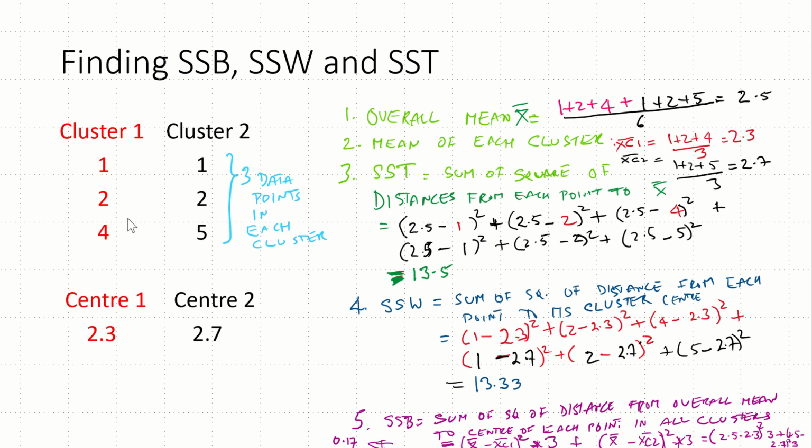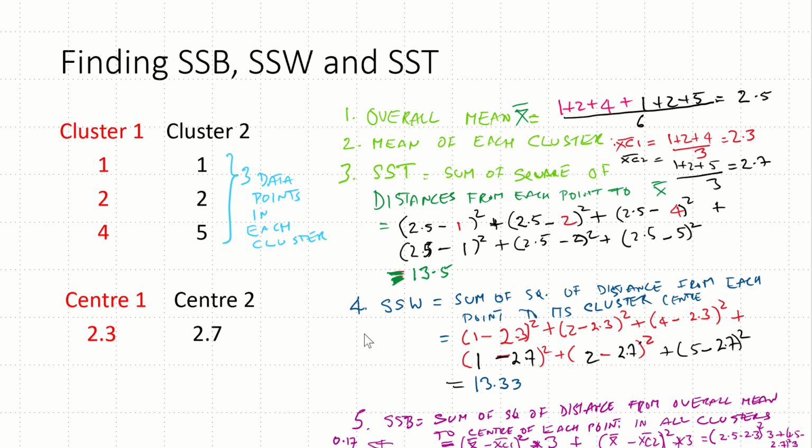So we subtract this from the overall mean: 2.5 minus 2.3 squared, and we do it for each of the points, so we multiply it by 3. The same thing is repeated for the distance between 2.5 and 2.7, which is the center of the second cluster, and we multiply it again by 3 because there are 3 data points in cluster 2 as well. So this happens to be 0.17.